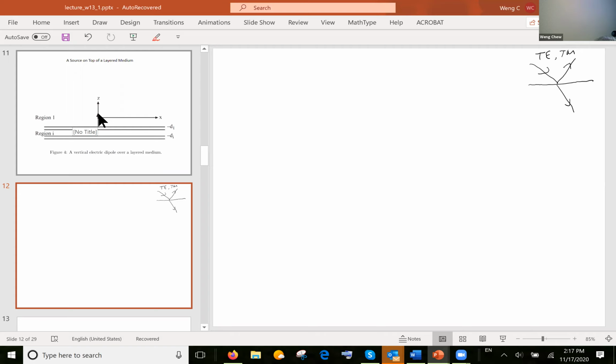So we will look at the electric field from a Hertzian dipole. The electric field from a Hertzian dipole is given by this expression. I think you have seen that before. If you were to use the dyadic Green's function, you can derive this using the vector potential approach as well.